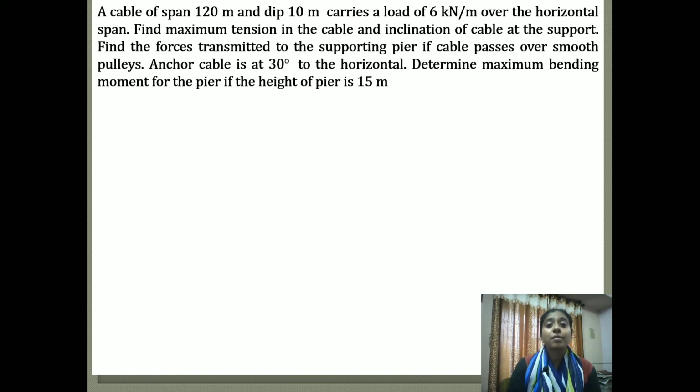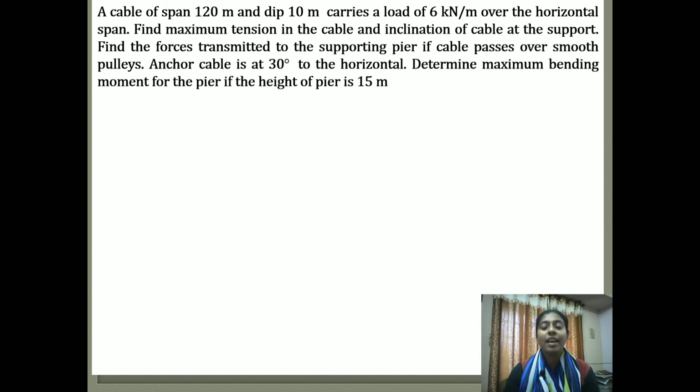Find the maximum tension in the cable and the inclination of the cable at the support. Find the forces transmitted to the supporting pier if the cable passes over a smooth pulley support. The anchor cable is at 30 degree to the horizontal. Determine the maximum bending moment for the pier if the height of the pier is 15 meter.